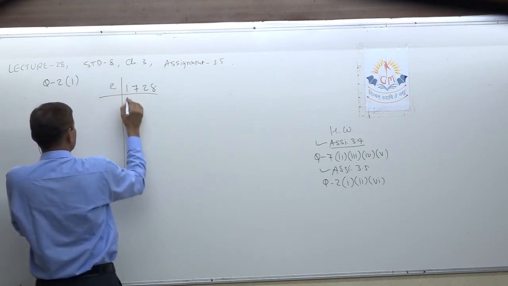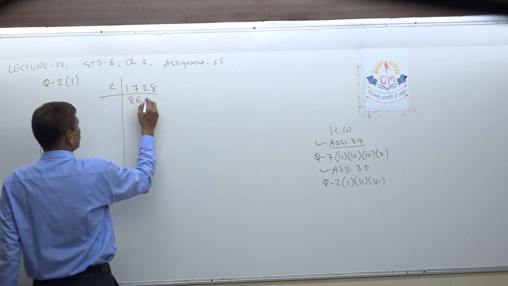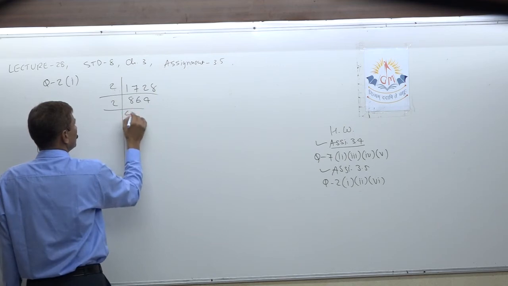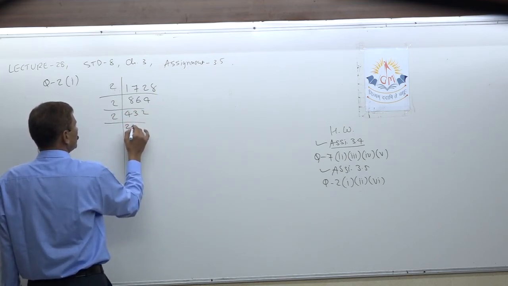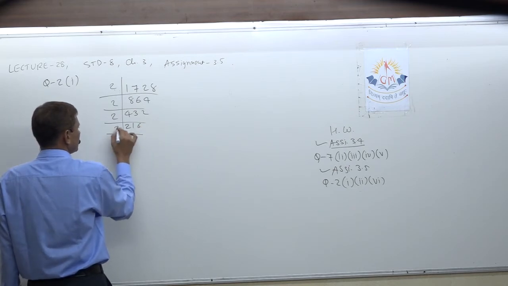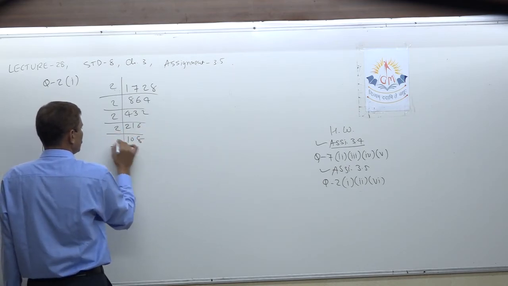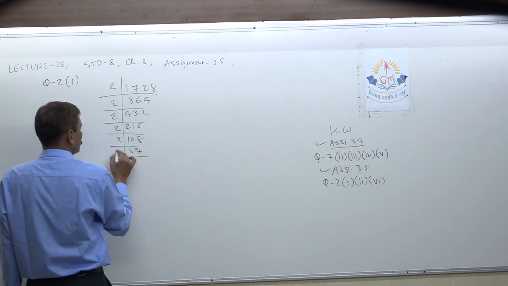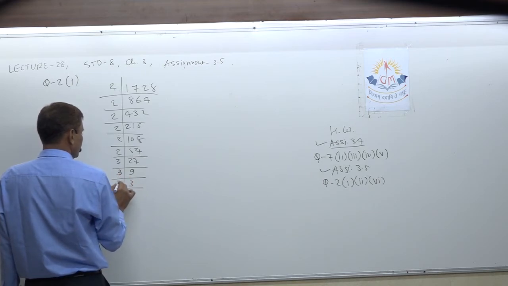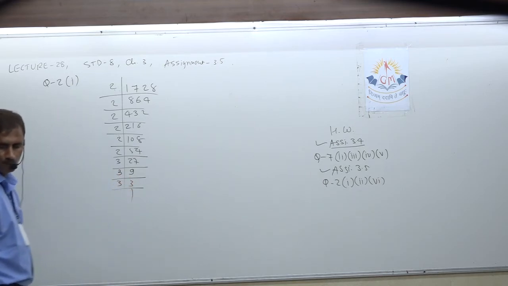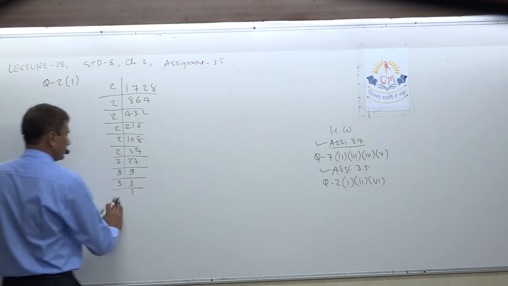So now by 2, 2 8s are 16, 2 6s are 12, 2 4s are 8, by 2 4 3 2, again by 2, 2 2s are 4, 2 1 6, 108, 54, 27, 9, 3, 1. Okay, so write down the factorization now.